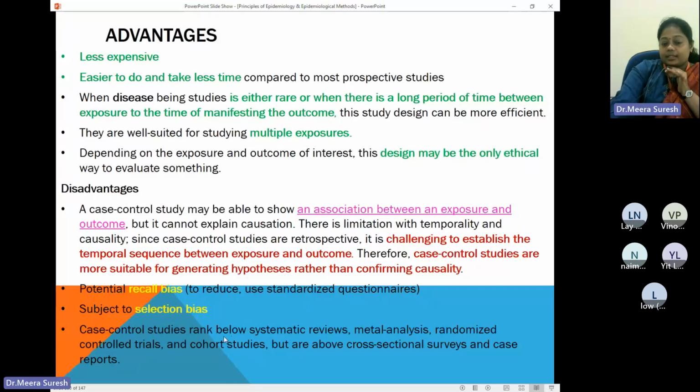Now, case control studies, when we take the hierarchy, are below systematic review, meta-analysis. Oh my God, I should say.